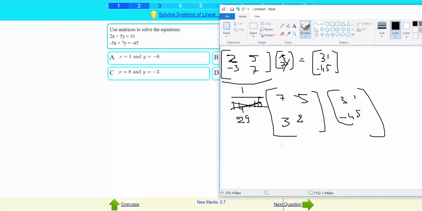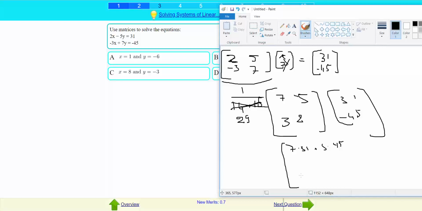So we got 7 multiplied by 31, plus, it's negative, is plus 5 by 45. 5 multiplied by 45. That's for the first one.